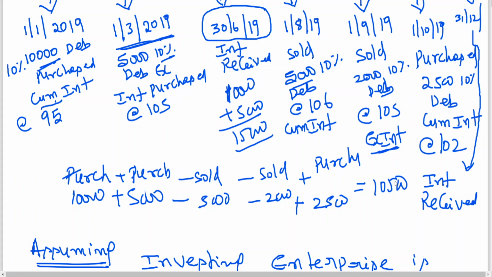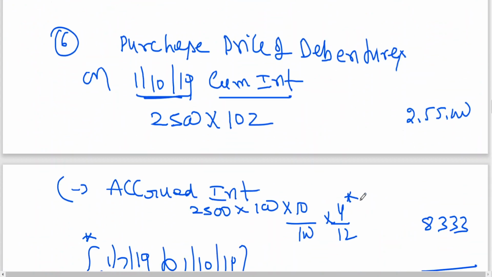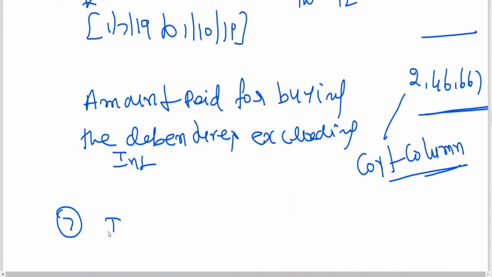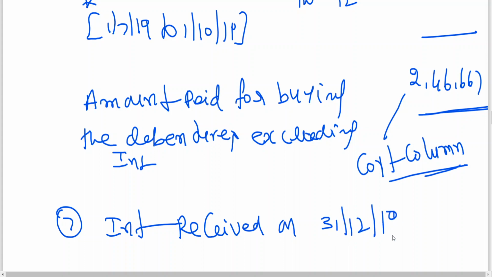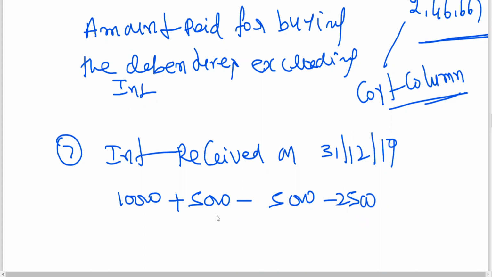This is the balance of debentures. On this, the company is receiving interest. As on that date, whoever is holding the debentures, on that the company will be receiving interest.